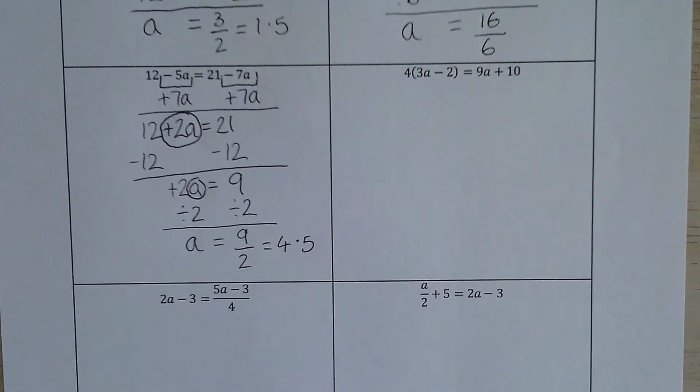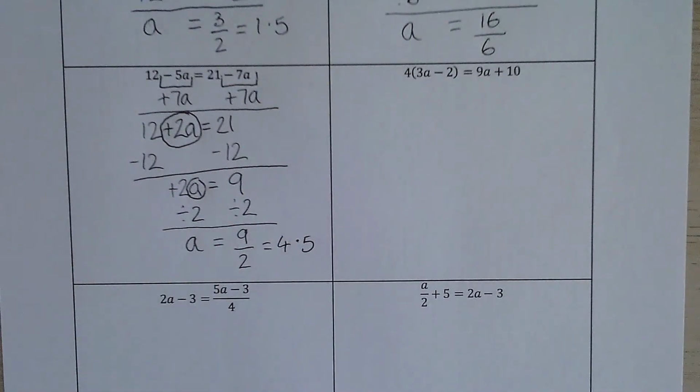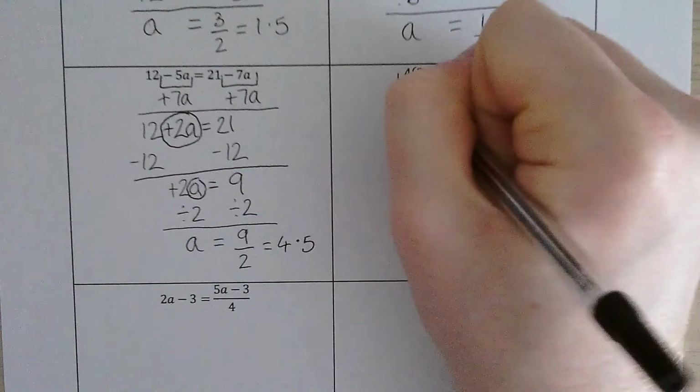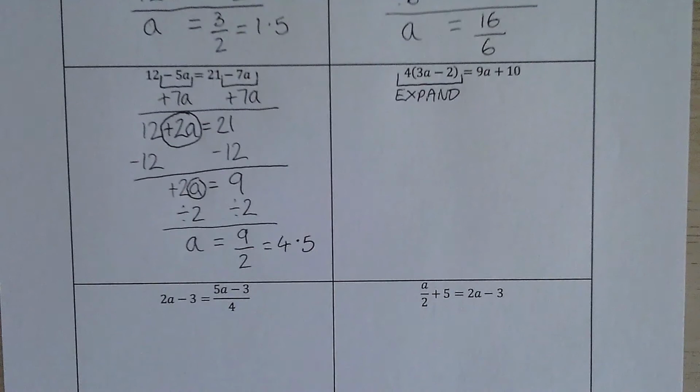So we can't do anything with this 3a until we've dealt with the brackets. This means we're going to have to expand the bracket before we can combine the terms with a together. So we're going to have to use our expanding bracket method.